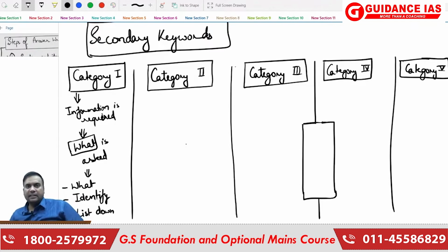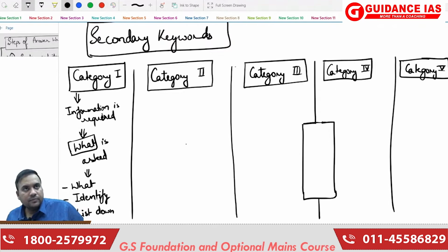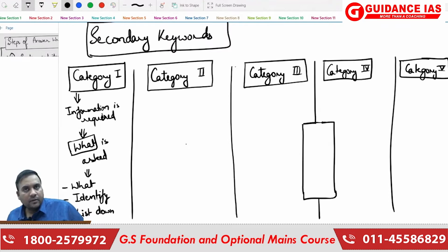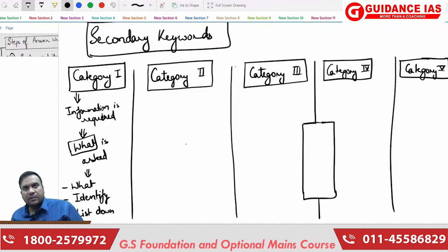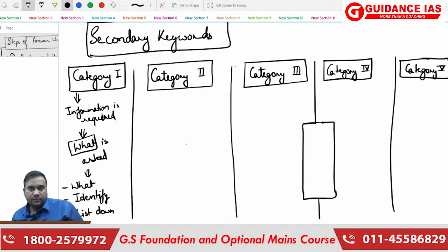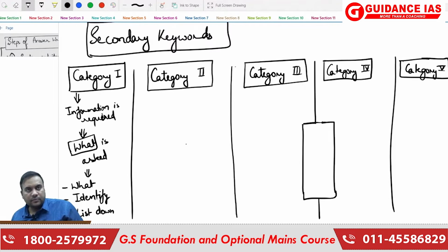You can understand it is easiest to write, because here you just have to provide the information. But many times, students tend to forget to identify these secondary keywords.